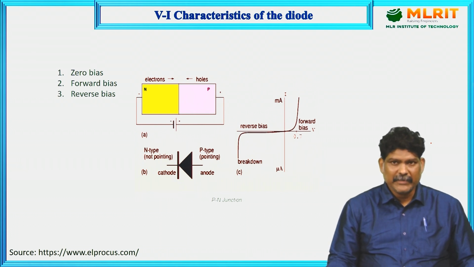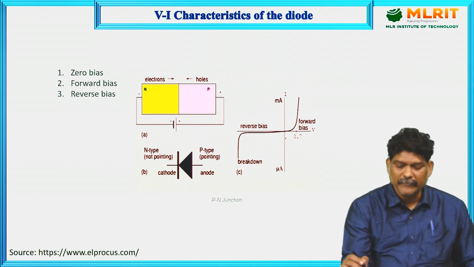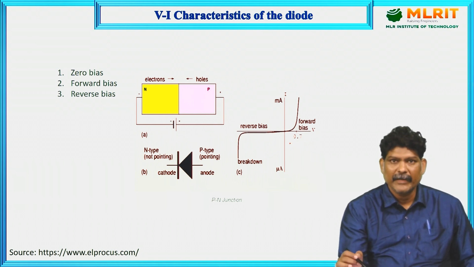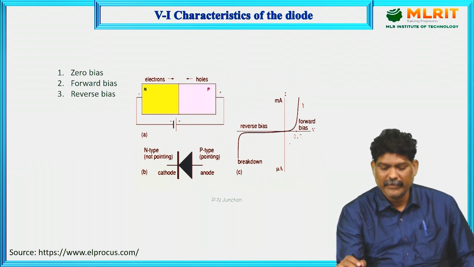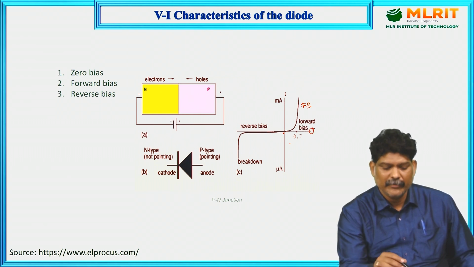As the depletion width is reduced, you can check here, this is your VI characteristics. This is your forward bias. In the forward bias condition, the moment you apply the forward bias voltage to the diode, this is your construction of a forward bias diode.